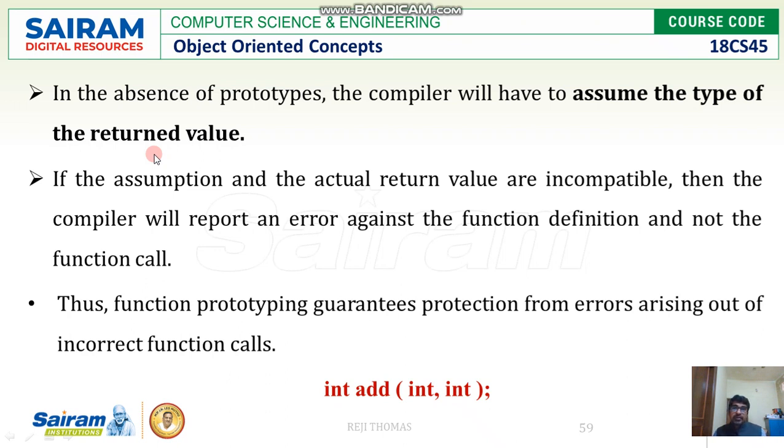So your compiler is going to give an error because it has no idea what kind of value your function is going to return. For example, your system expected an integer value, and your function returns a character value, which is incompatible. So if you don't give a proper function prototype, everything has to be assumed, and there are chances that your function may return an incompatible value.